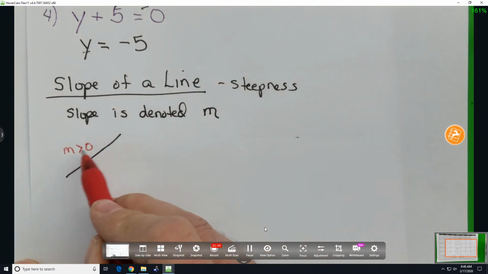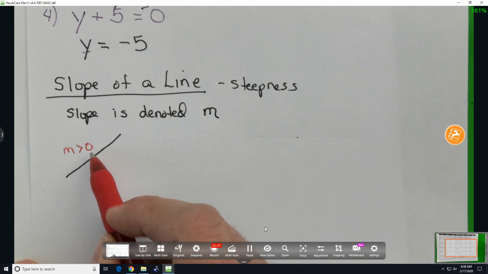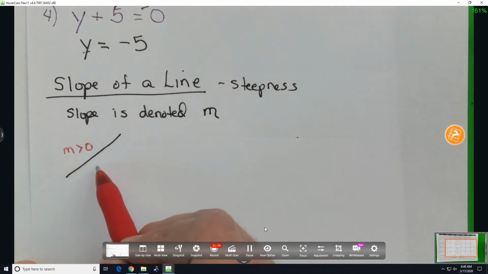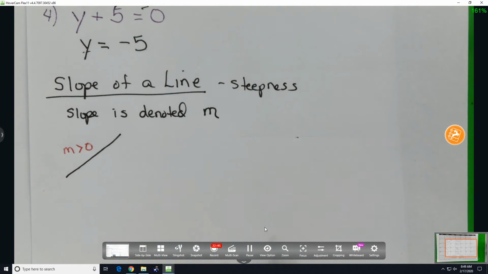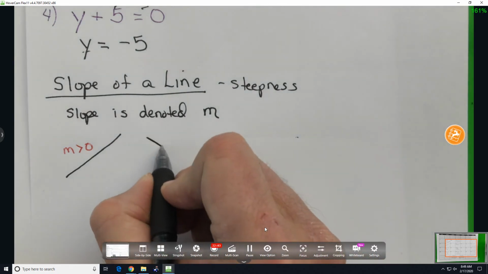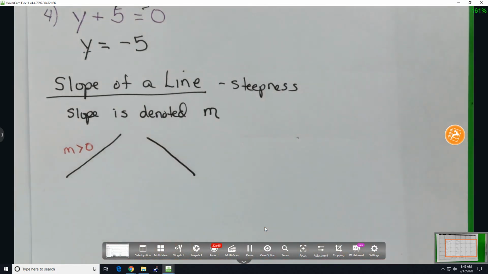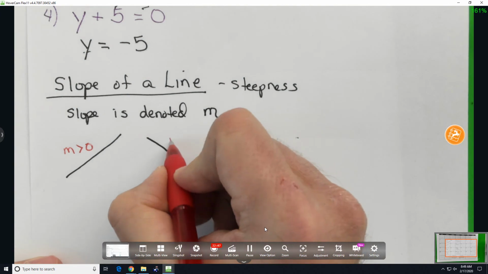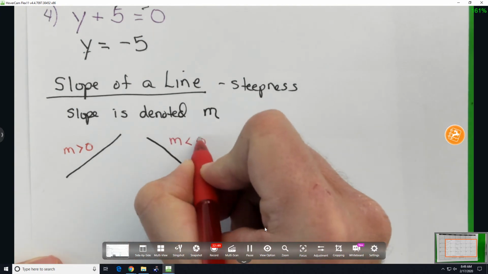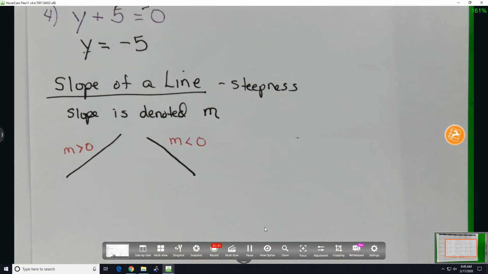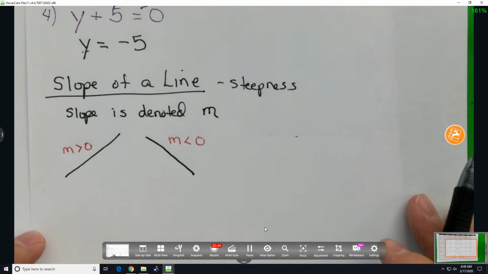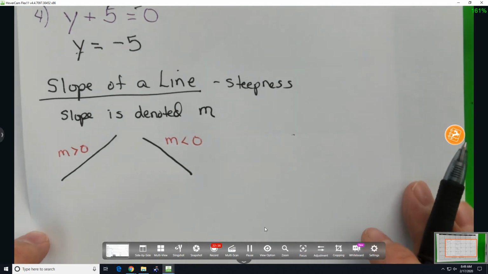M greater than 0 is the symbolic way of saying slope is positive. If the line slants downward to the right, the slope is negative. So those are the two cases for slanted lines.